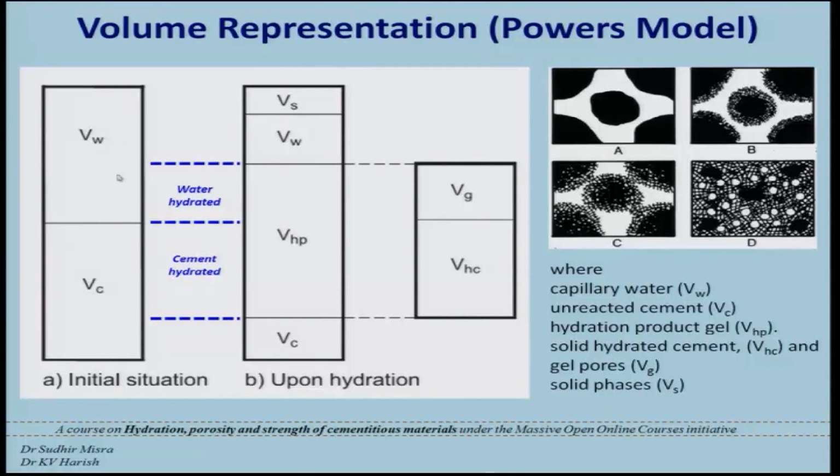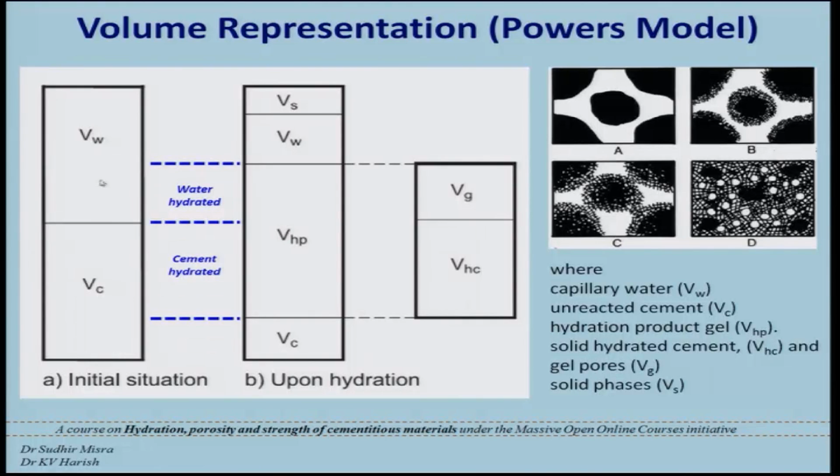So, in the initial situation, water and cement are available, as you can see in case A. Upon hydration, a portion of this entire volume of cement hydrates. Here, whatever is shown as VC has not hydrated. The portion from here to here hydrates and forms hydrated paste. Likewise, not all the water you have taken participates in the hydration process; only a part of it does, denoted by the levels here.